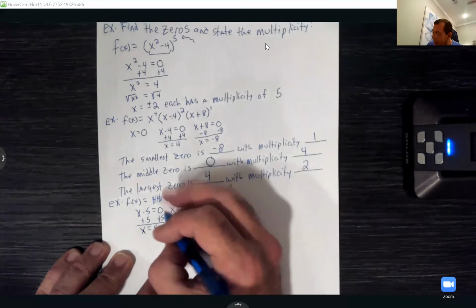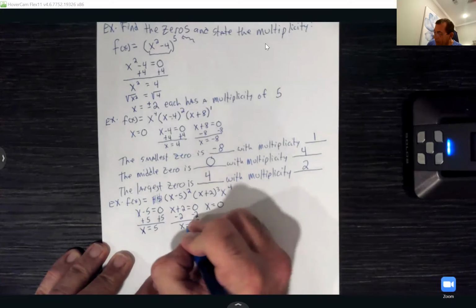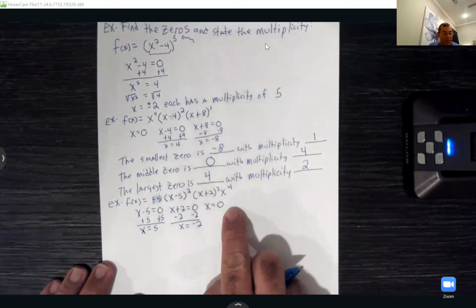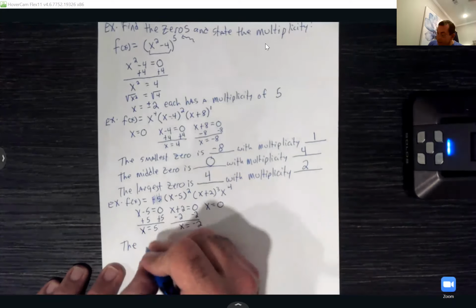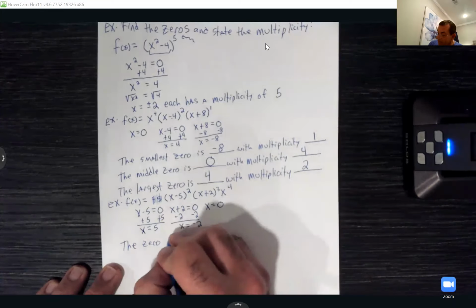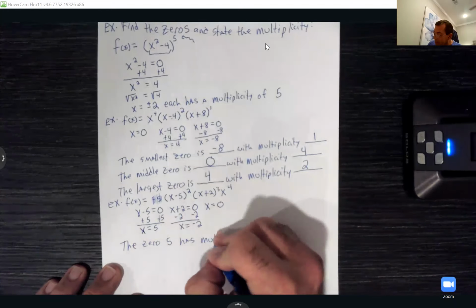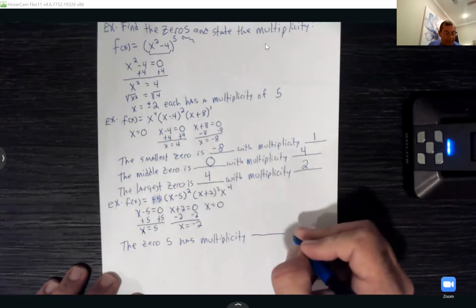Subtracting 2 from the next one. All right, and then that one gave me a 0. So let's see what they want. It says the 0, 5 has multiplicity blank.